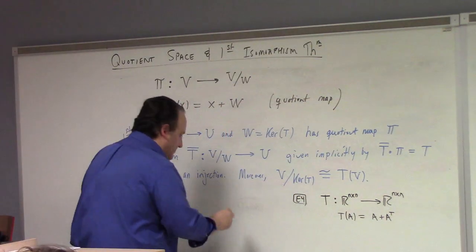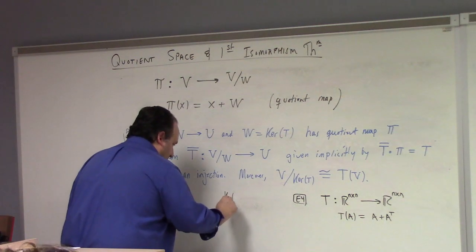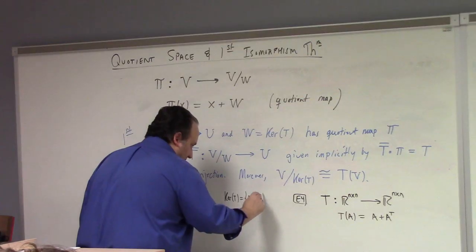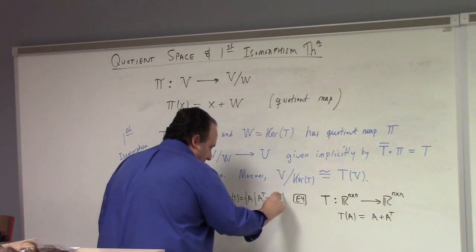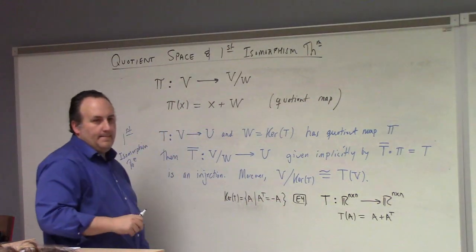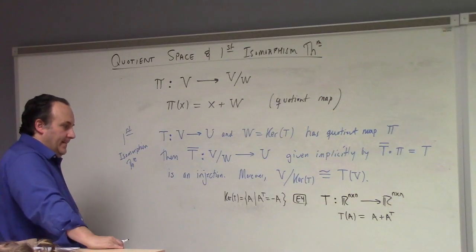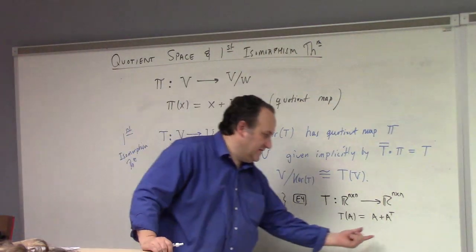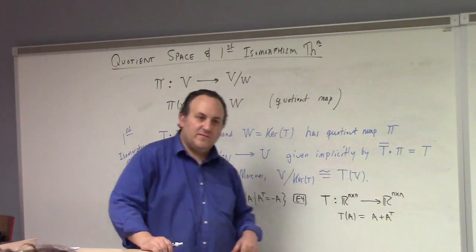Then what's the kernel of T here? It's A such that A transpose is minus A, right? The kernel is the antisymmetric matrices because when you put an antisymmetric matrix into this, you get A minus A, which is 0.